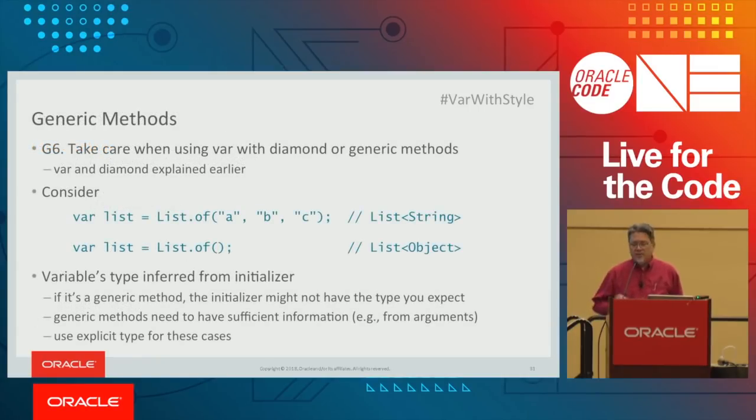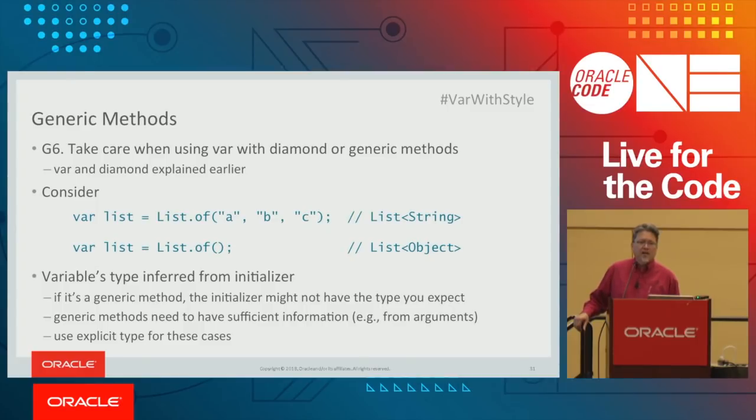All right, there's another subtle case here where you might want to think a little bit about using var, which is with generic methods. I did mention that little pitfall with diamond and var. There are other things like the generic methods like List.of. So it turns out List.of("a", "b", "c") is pretty easy because the arguments are strings, and so clearly it returns you a list of strings.